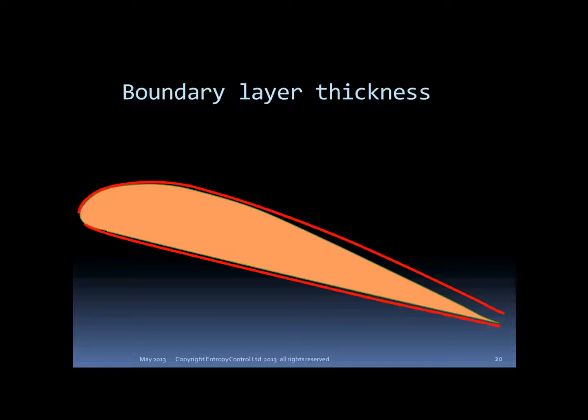And so the wing behaves in the potential flow field as if it was this new shape, not just the wing, but the shape of the wing plus the boundary layer. And now we can redo the potential flow, in this case, with the new shape of the wing plus boundary layer.